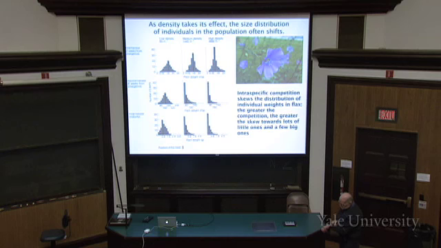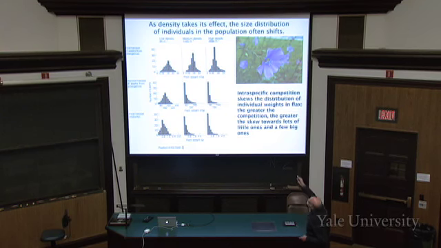Now, as density is taking its effect, the size distribution of individuals in the population often shifts. So what I'm basically doing here is I'm showing you all the things that density does to the individual lives of the organisms that are experiencing this density increase.